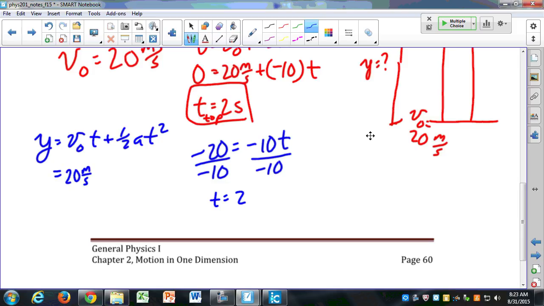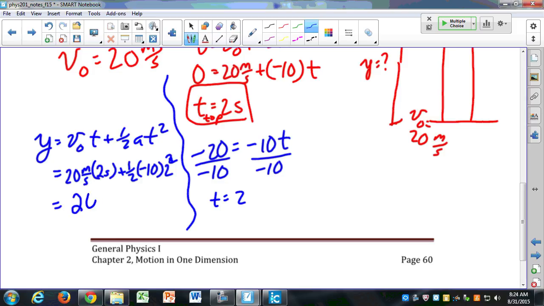That's my initial speed times 2 seconds plus 1/2 of a, which is negative 10, times 2 seconds squared. That's 40 minus 5 times 4. That's 20 meters. So that is how high it goes up. This is equal to 20 meters.